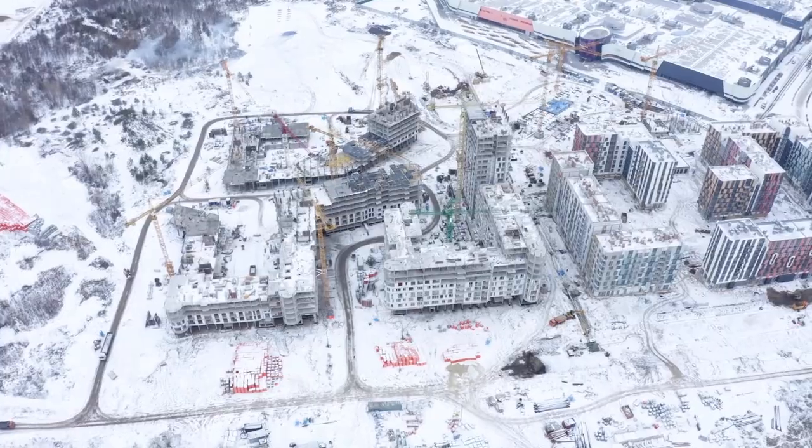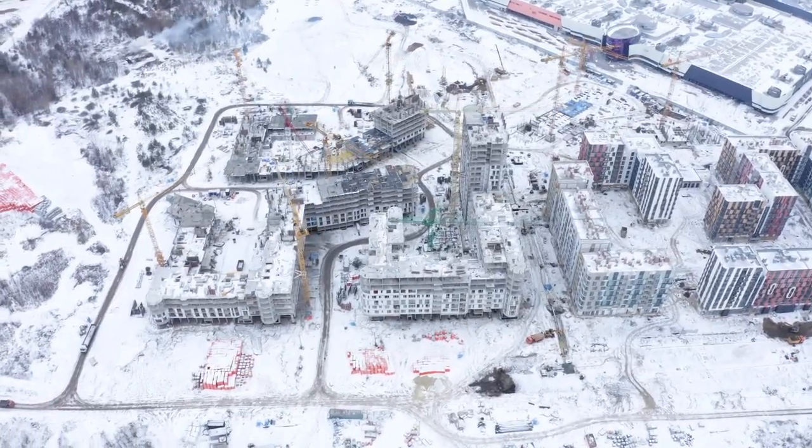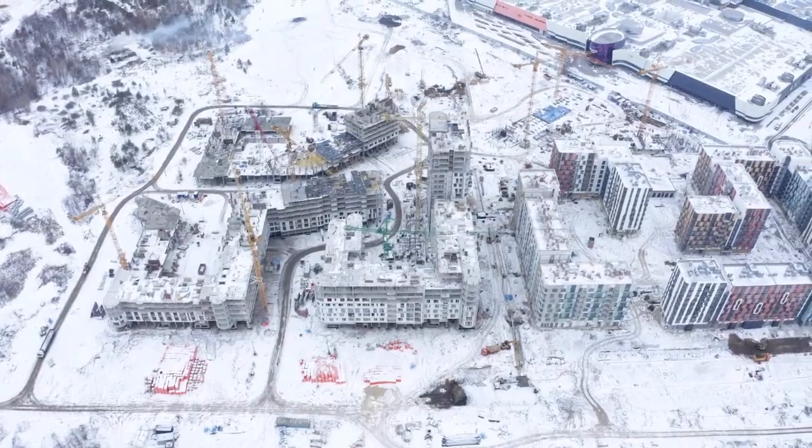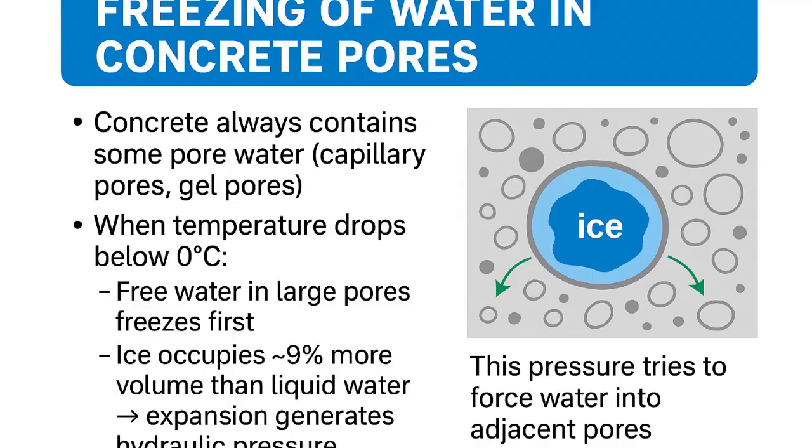Now, how does it work? See, first is the freezing of water in concrete pores. Concrete always contains some pore water, in the capillary pores and the gel pores. When the temperature drops, water in the large pores freezes first, and ice, as I already mentioned, occupies 9% more volume than liquid water.